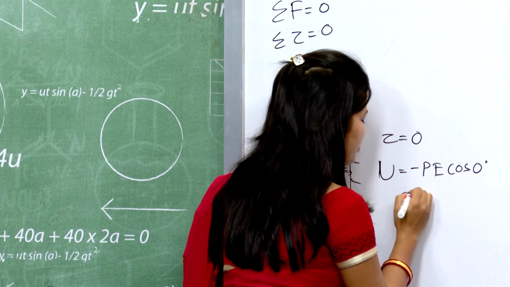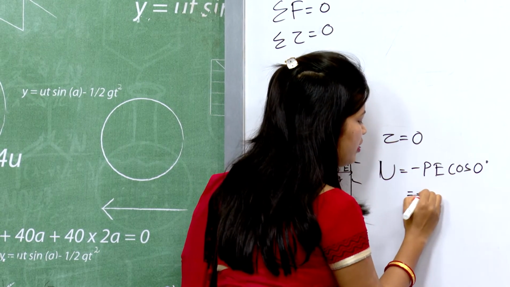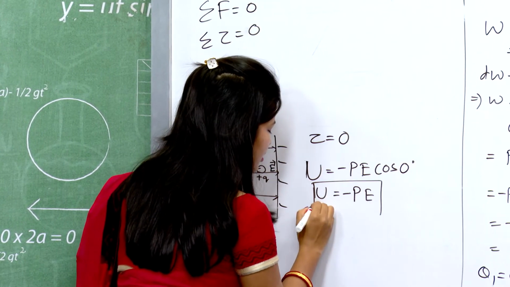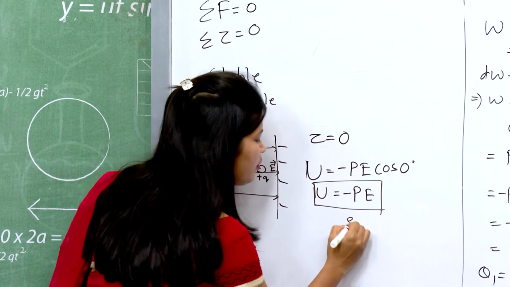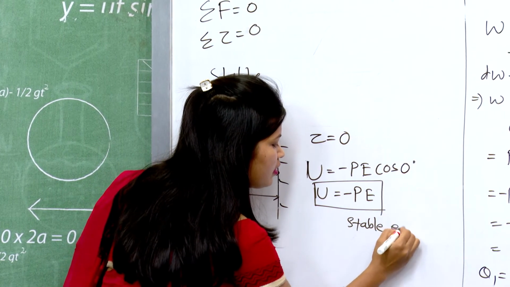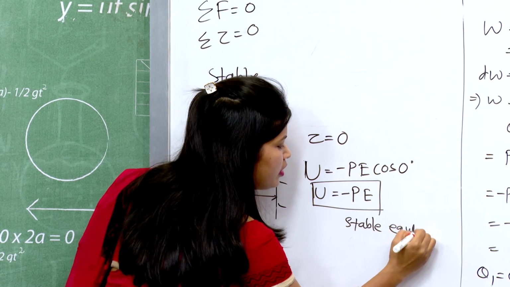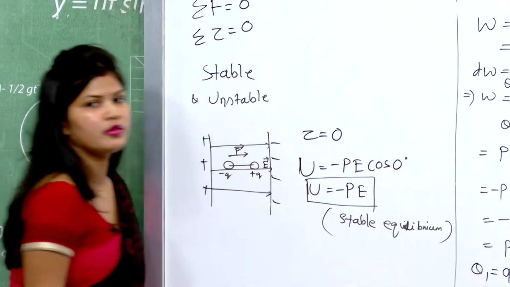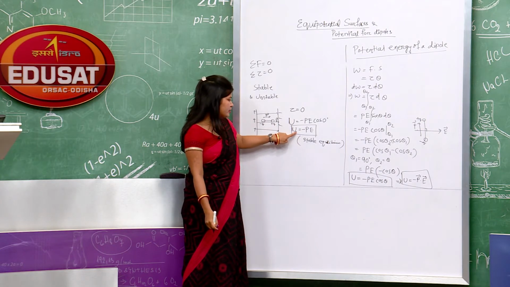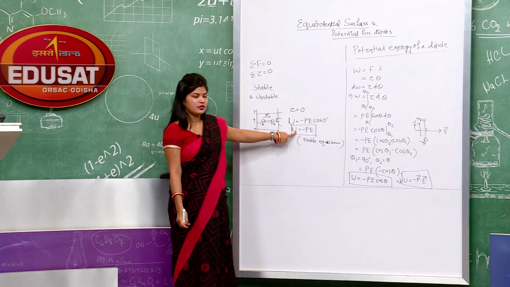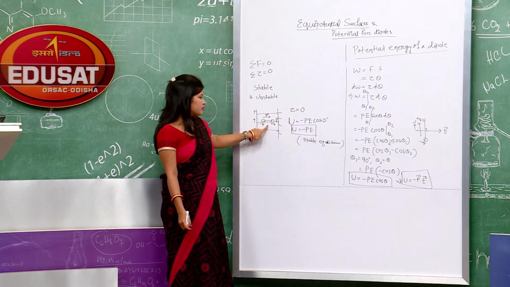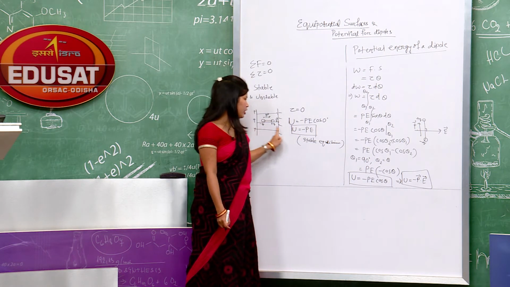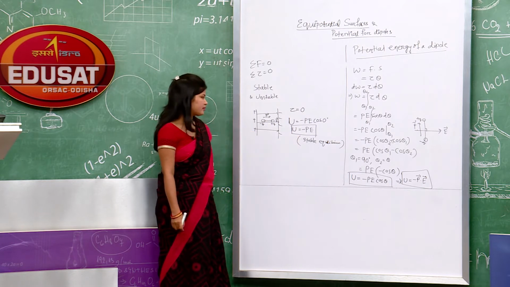So cos 0 is 1, and I get energy equal to minus P E. This is stable equilibrium. As it is a negative sign, the energy is decreased, so this system has minimum energy. So, in stable equilibrium, the dipole has minimum energy.